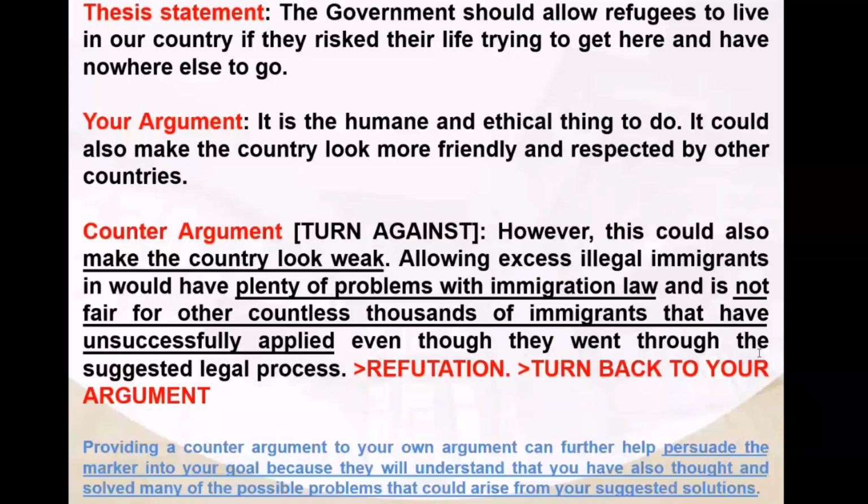It is similar to argumentative writing, where you want to persuade the reader to believe you, to believe your views, to believe your opinion.